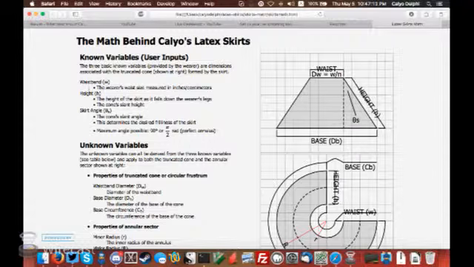The only basic measurements that I need for this whole thing, because of the way I worked this math out, is the wearer's waistband measurement, which could be in either inches or centimeters. For me, I'm a 32-inch waist. Or, yeah, I fit 32-inch pants. I'm technically 31-inch. And the height of the skirt, which is basically how far it would fall down your legs when you wear it.